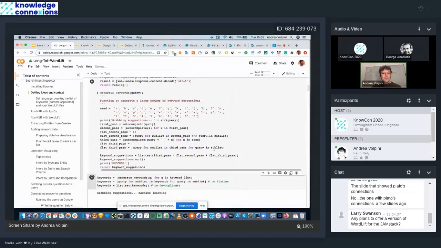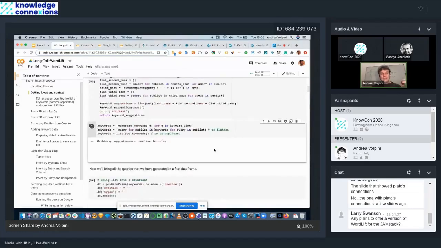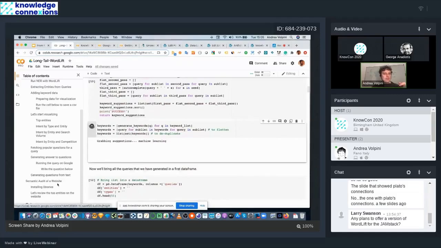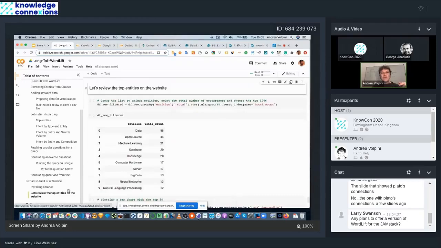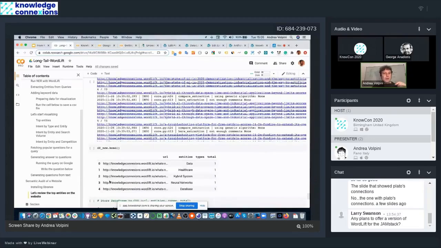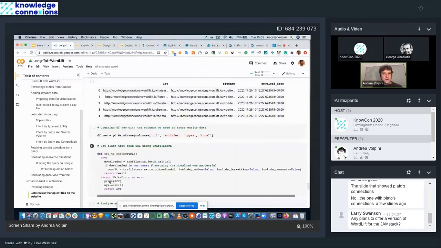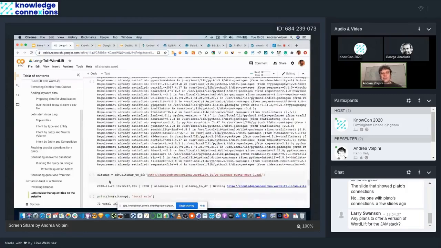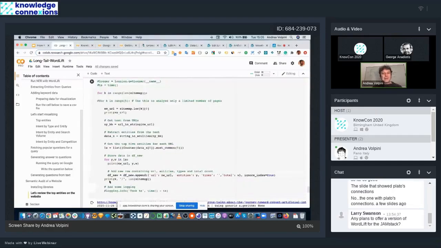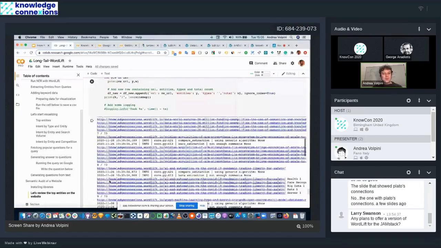But at this point, as we've seen, we have analyzed the sitemap of the website that we have built with the content from George, and we are running named entity recognition on the sitemap to get the top entities from this website.